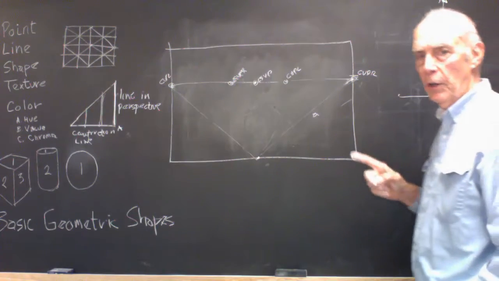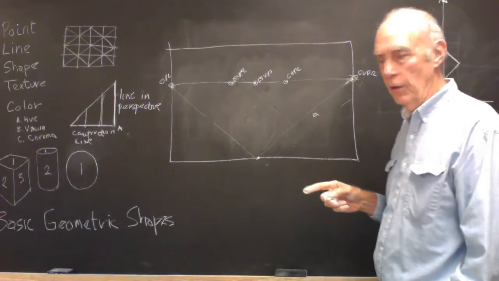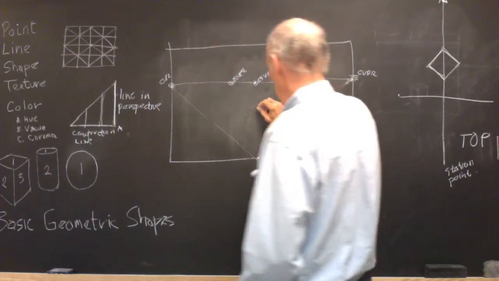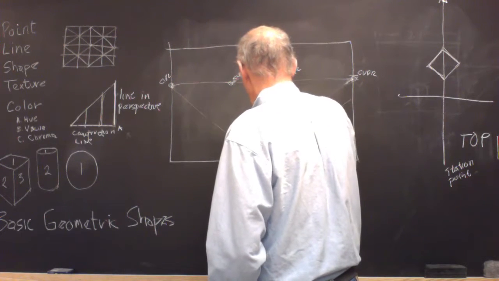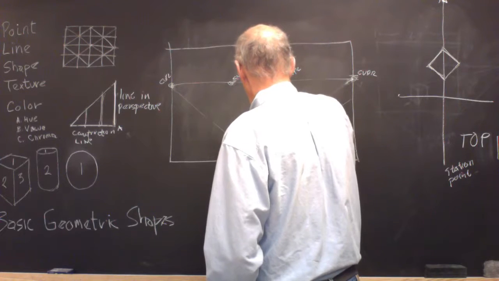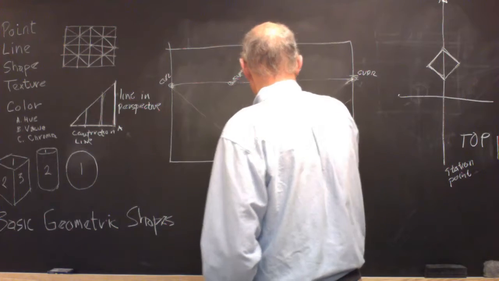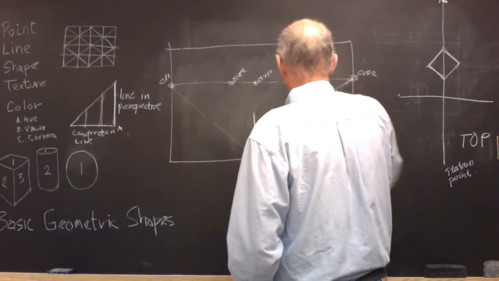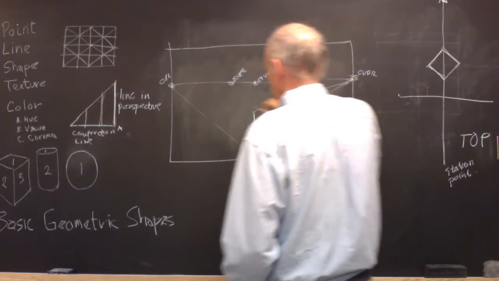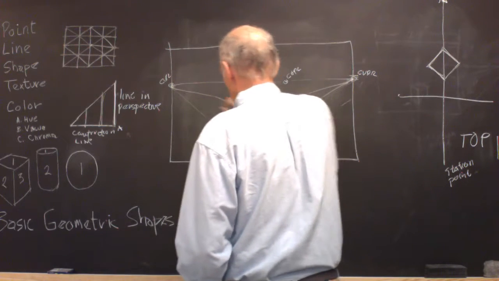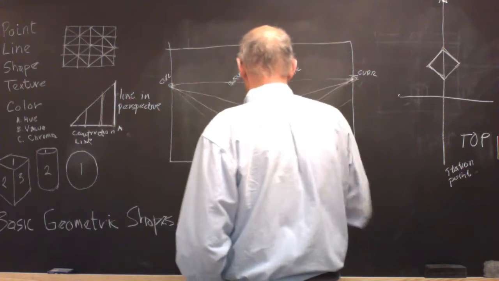I'm going to be drawing a perfect cube. And what I'm going to do is draw the front edge of the cube and go ahead and draw it in. Draw the tracer lines over here and the tracer lines over here.